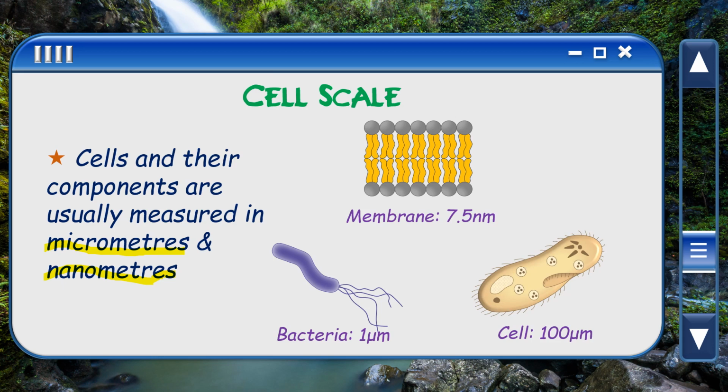A paramecium is 100 micrometers. The bacterium is measured in micrometers, and the paramecium cell is also in micrometers, meaning that the paramecium cell is bigger than the bacterium. But the membrane is measured in nanometers, so of the three, the cell membrane is smaller than the bacterium and smaller than the paramecium.